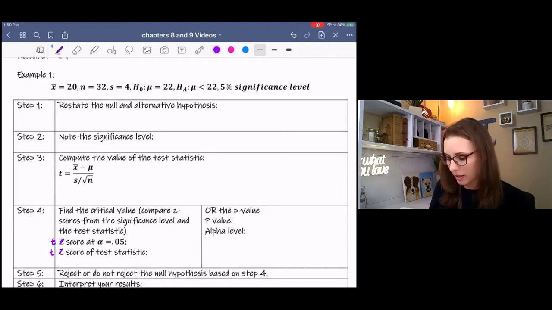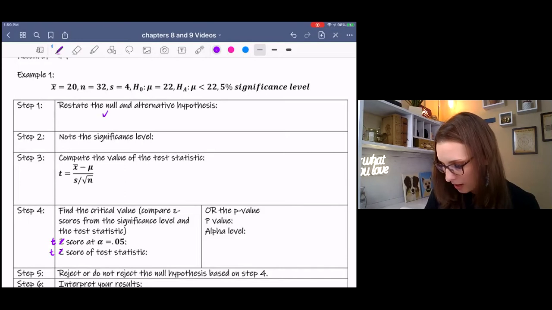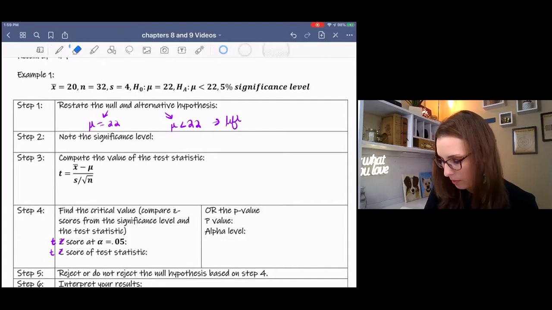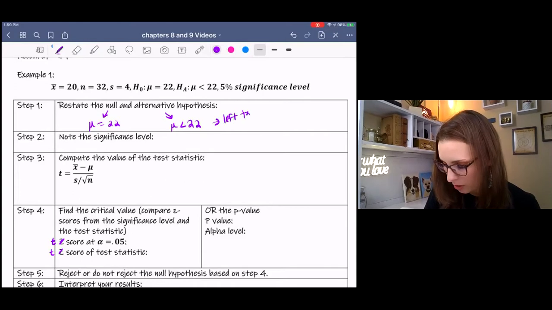So if we were to restate the null and the alternative, the null is that the population mean is equal to 22, and the alternative is it's less than 22, which indicates a left-tailed test.